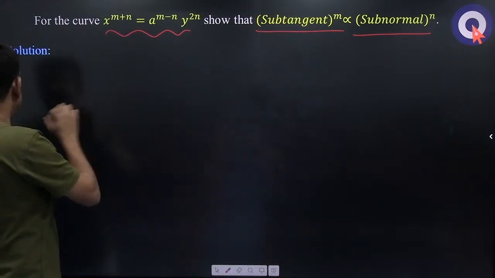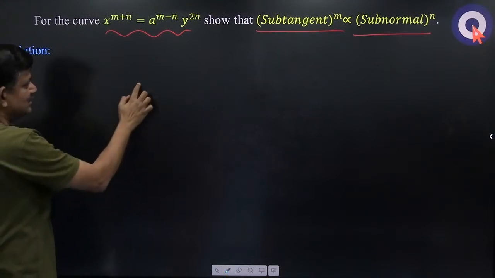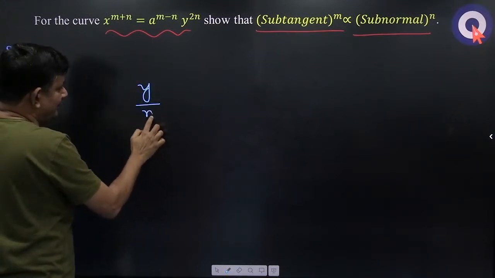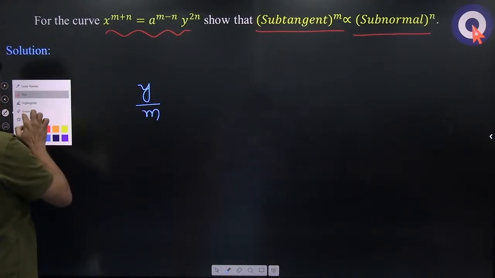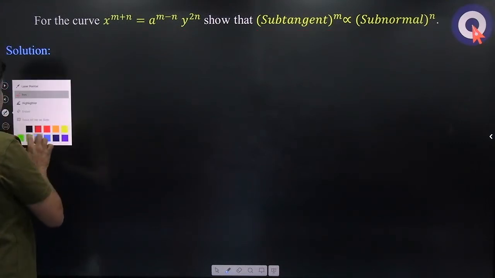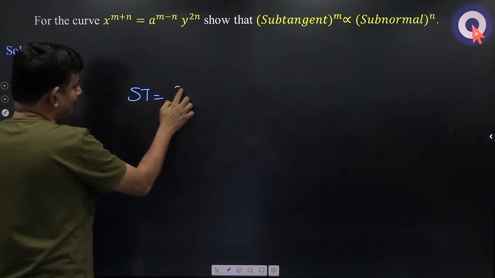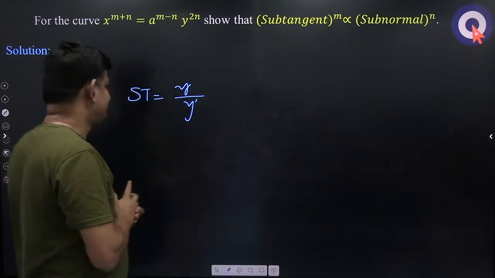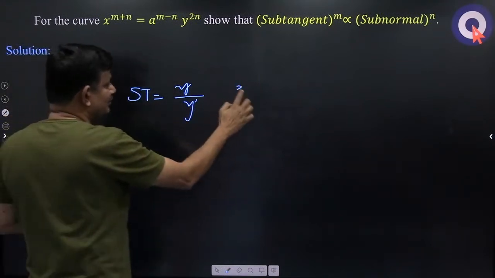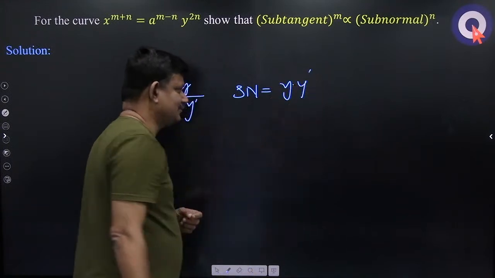Now what is subtangent? Subtangent is y by m. Let me not confuse with that m. Subtangent length will be y by y dash, or dy by dx. Subnormal length will be y into y dash.